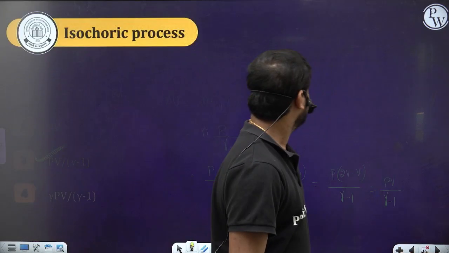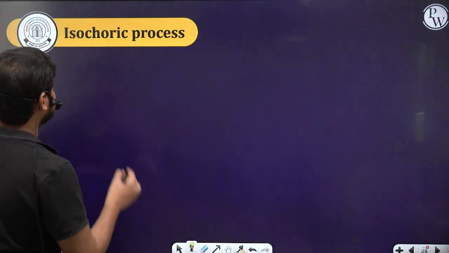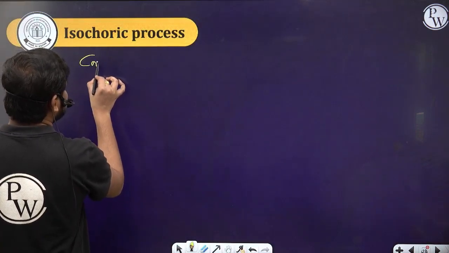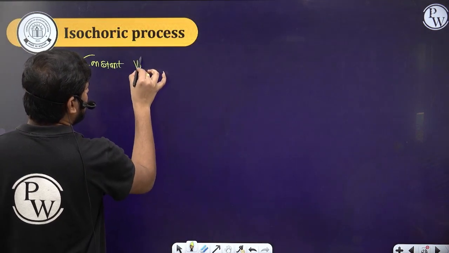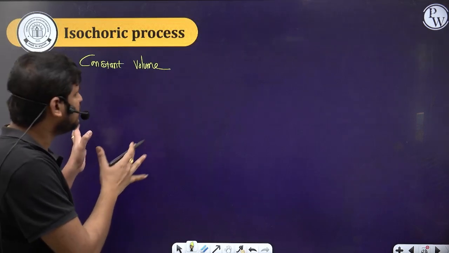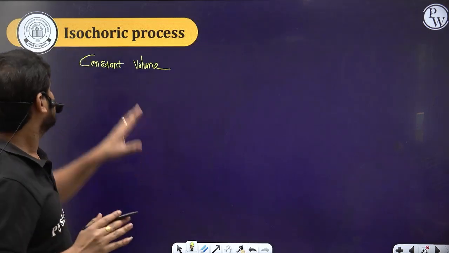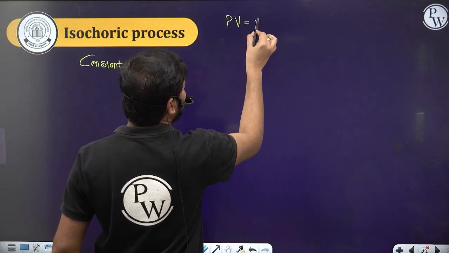So let's move further. Now let's go for the isochoric process. Isochoric process means constant volume. Same concepts as we discussed before, we are going to do here. PV is equal to nRT.